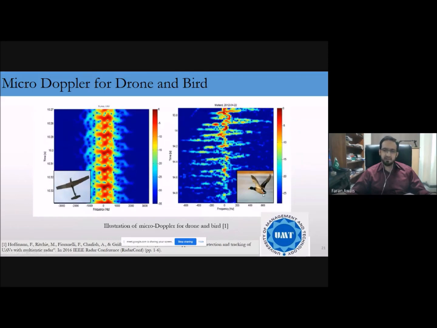Whenever it's flapping its wings, it is creating a sinusoidal sort of STFT plot. So this is very important, right? It would have a different signature, and that is what I'm trying to highlight: the micro Doppler effect is very useful in identifying the corresponding signatures.